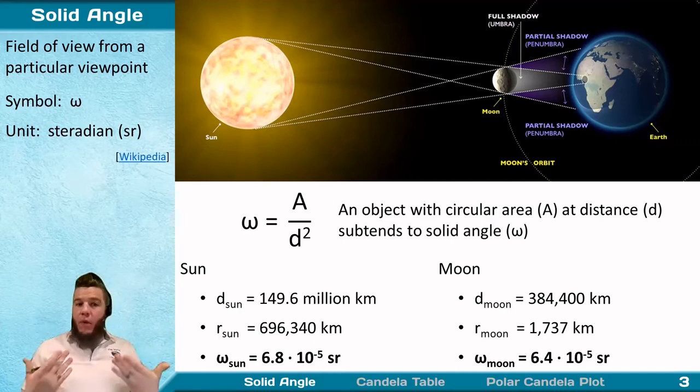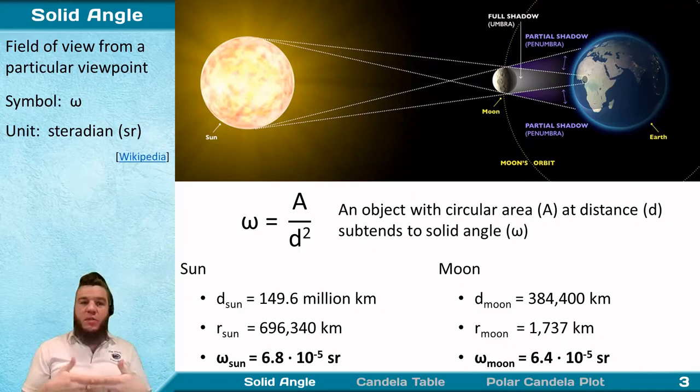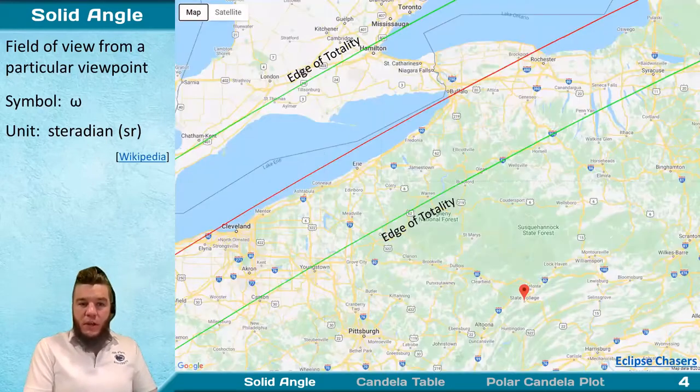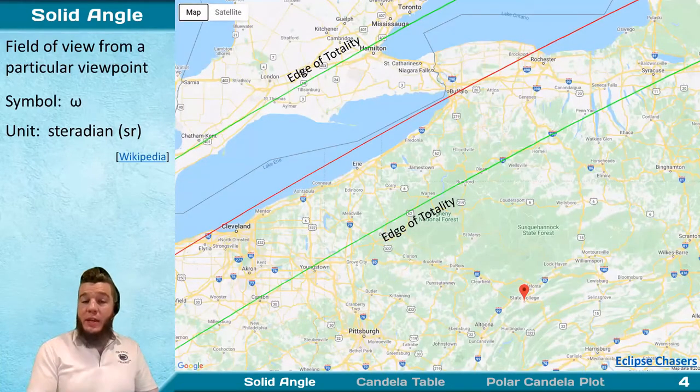So this is exactly why we get such nice solar eclipses. It's pure coincidence that the sun and the moon system tends to have a very similar visual angle from our viewpoint on the surface of the earth.